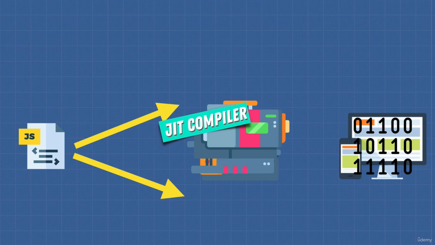And this is exactly what browsers started doing. Browsers started mixing compilers, specifically these JIT compilers, for just-in-time compilation to make the engines faster. So let's see how V8 engine does this underneath the hood in order to use the best of both worlds.